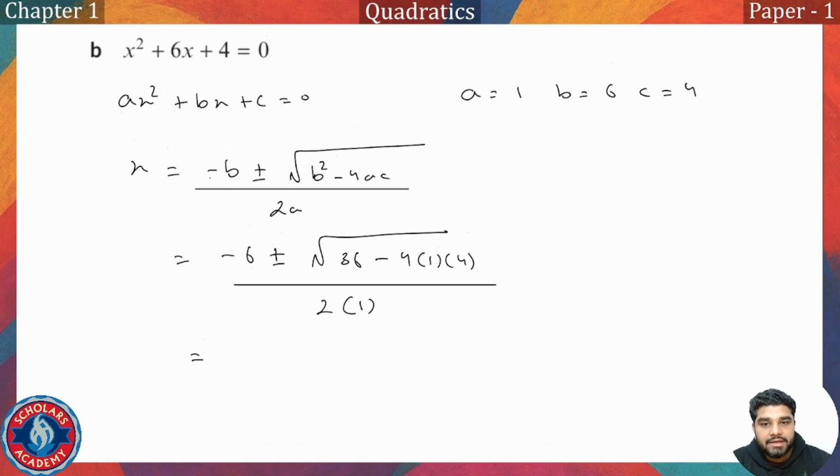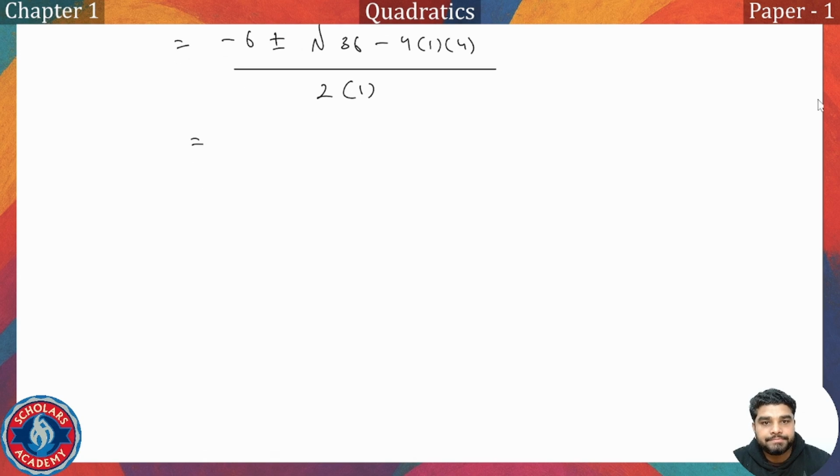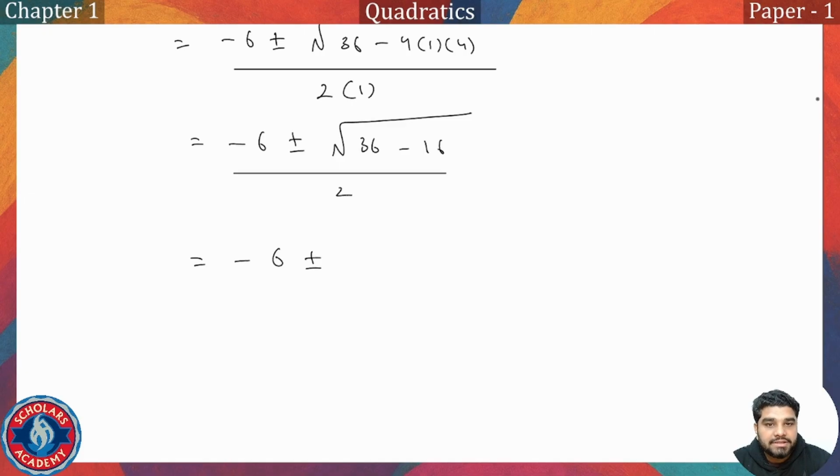That gives us x is equal to negative 6 plus minus root of 36 minus 16 by 2. So we can write it as negative 6 plus minus root of 20 by 2.